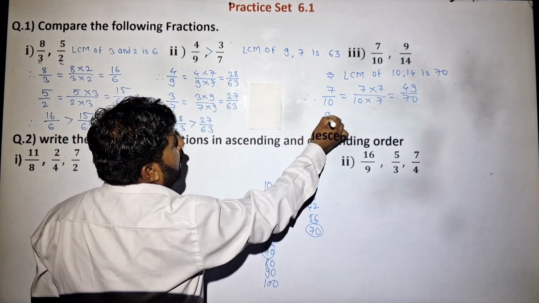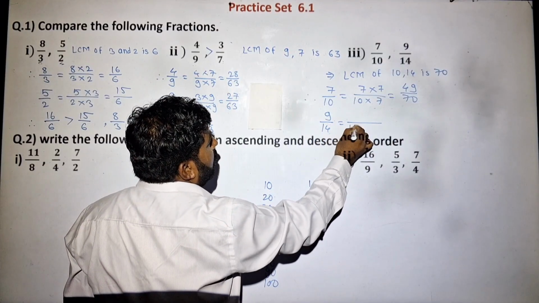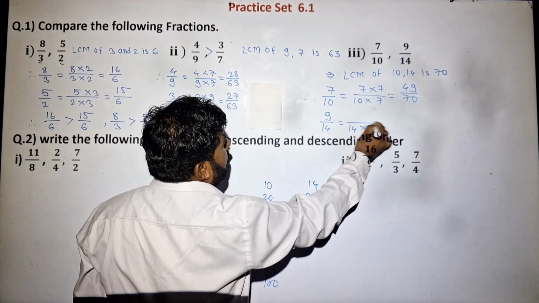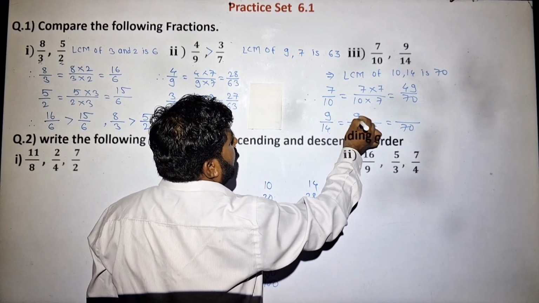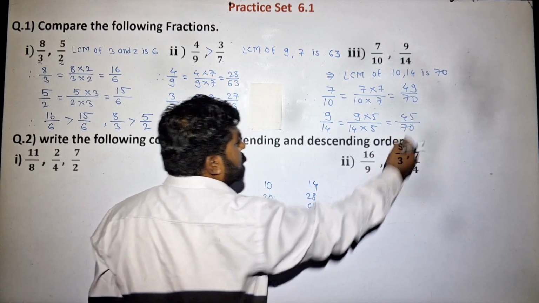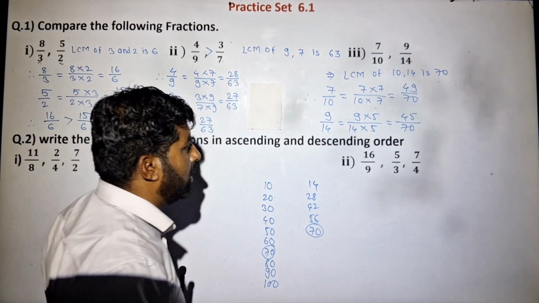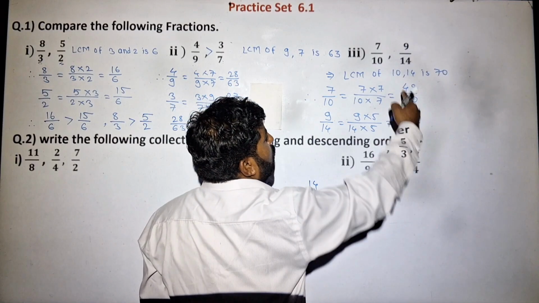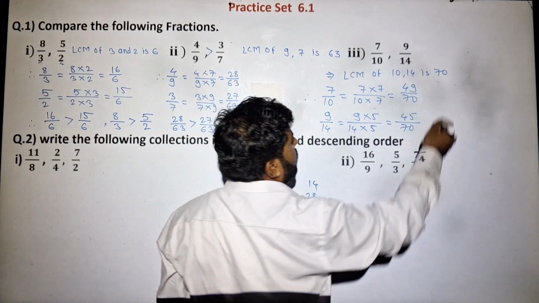After that, 9 by 14 can be written as 9 into 5 over 14 into 5: 14 fives are 70, and 9 fives are 45. Here the denominators 70 and 70 are the same, which means they have been converted into like fractions. If you observe the numerators of both fractions, 49 is greater than 45.